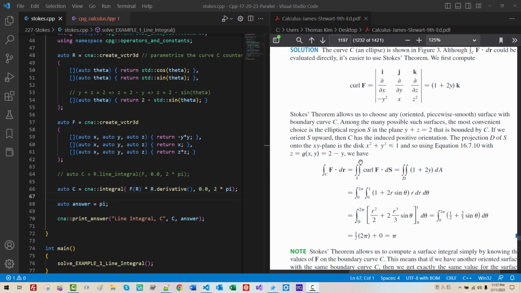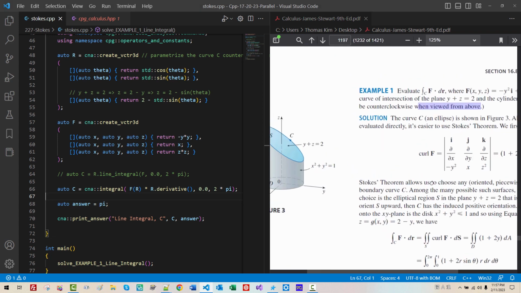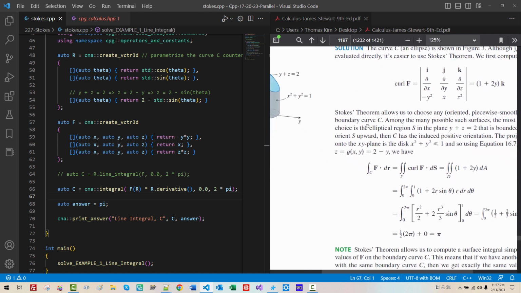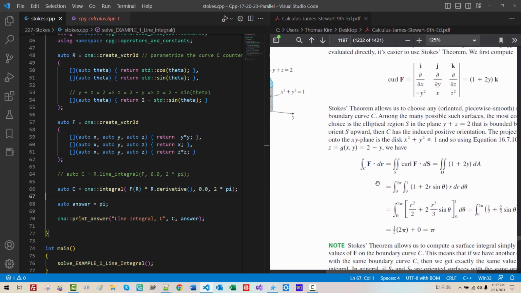Now we will evaluate surface integral curl f dot ds over surface S. This surface S is this surface, the top of this cylinder. If we check line integral equals surface integral, we can confirm Stokes theorem is correct or not.